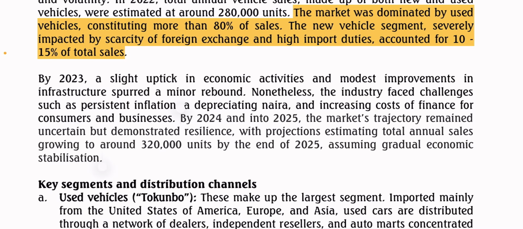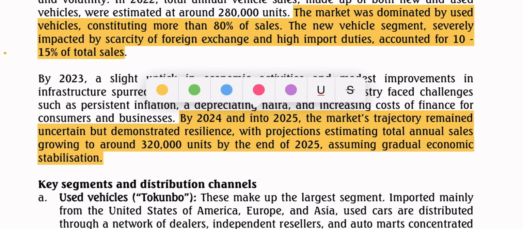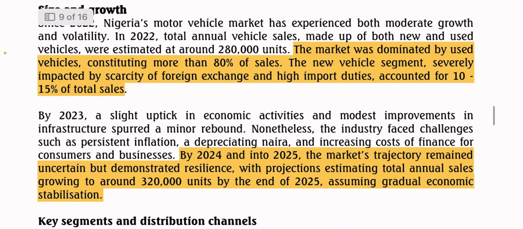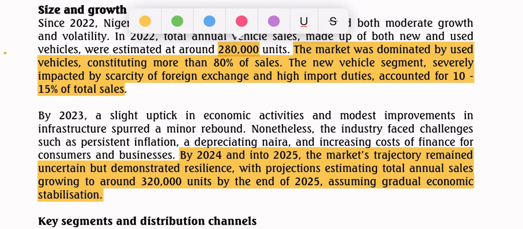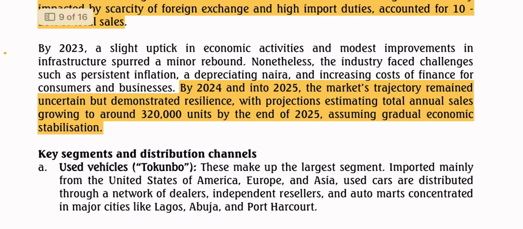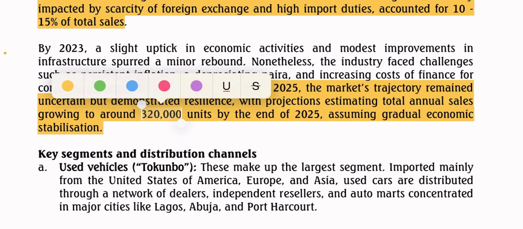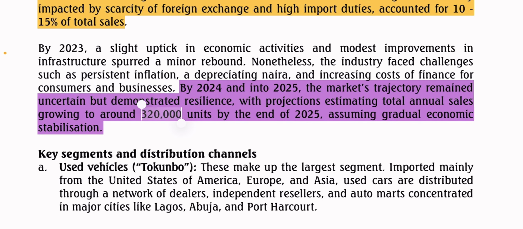But there's an estimation that the sales will grow. The sales here is about 280,000 units. You understand? So in this case, there's a projection that the sales will grow to around 320,000 units by the end of 2025. So that's a good thing as well.